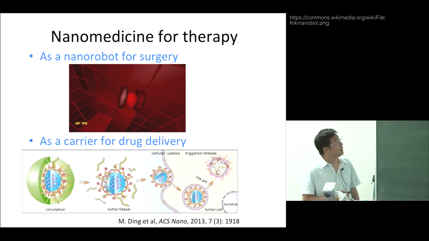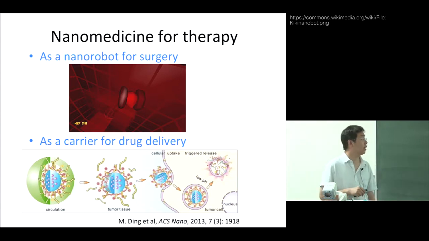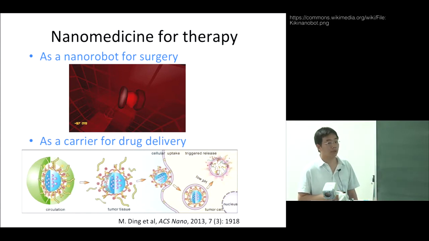And the second application of nanomedicine is therapy. Just as I said, the size of nanomedicine is very, very small. It can go into the blood vessel of humans and act as a nanorobot for surgery. So probably in the future, doctors don't need to open the patient's body.